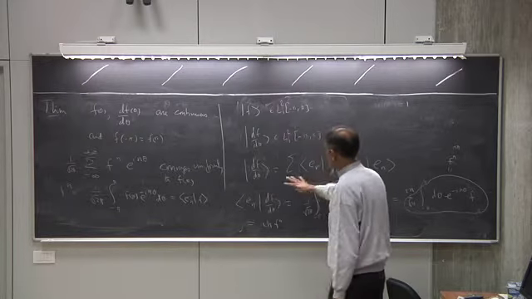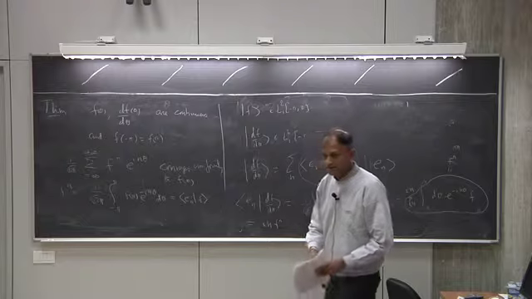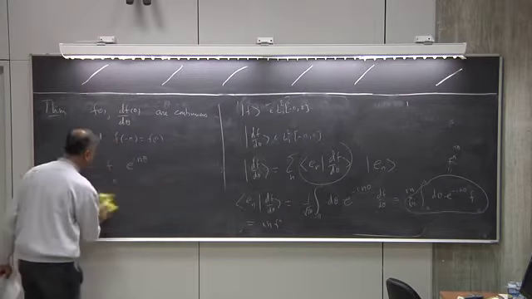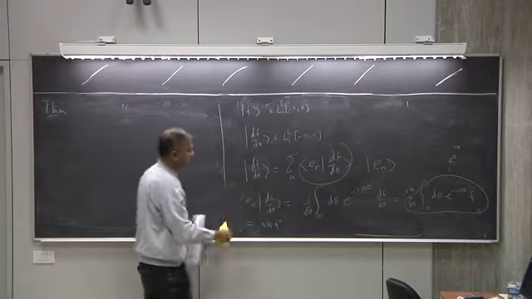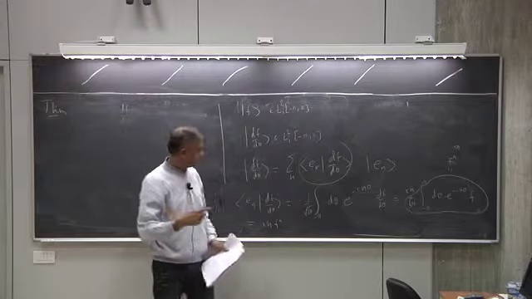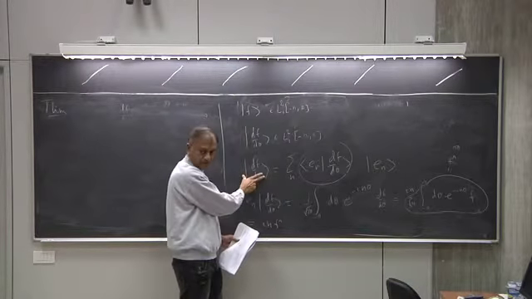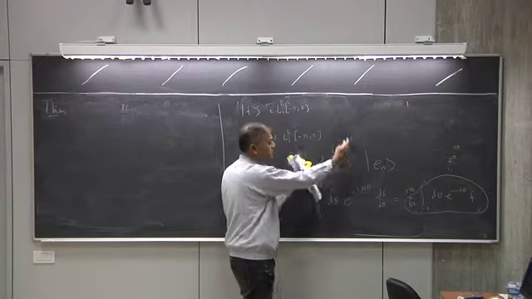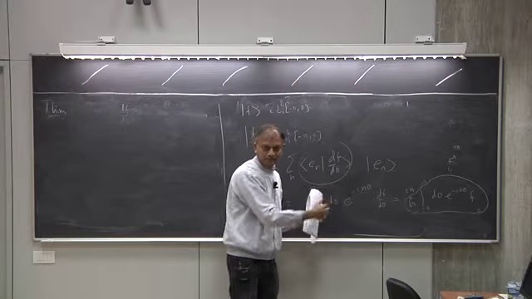Now let's compute. You remember this again, I think this was some time back, so maybe you might have forgotten about it. Another thing that we proved was that if you take the norm square of this vector, that's the same as the sum of the mod square of these coefficients.